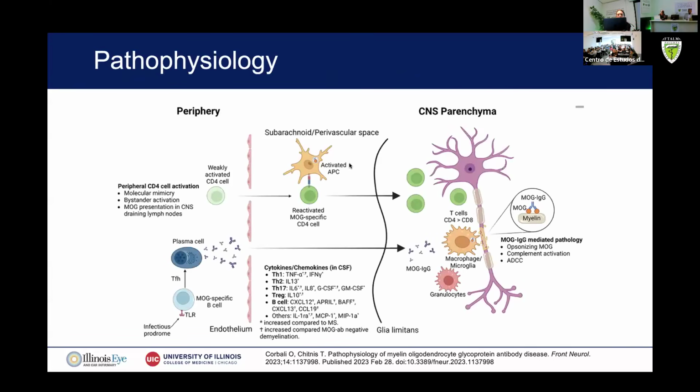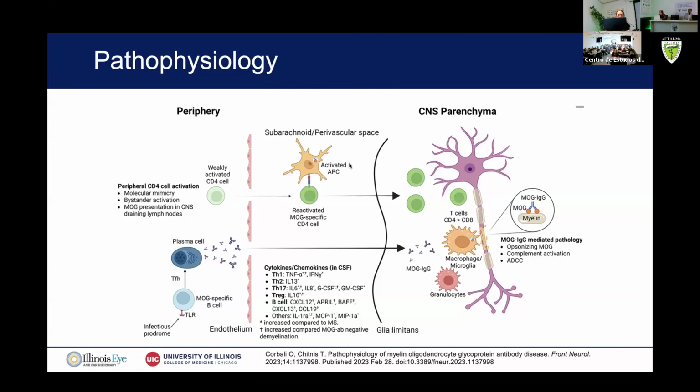So MOG optic neuritis is characterized by an autoimmune attack on the surface of the myelin sheath by MOG-specific antibodies. The pathophysiology is not completely understood, but it's probably due to some molecular mimicry, as a lot present with a viral prodrome, or maybe just imperfect tolerance in the thymus, so the plasma cells develop these antibodies to the MOG-specific antigens.